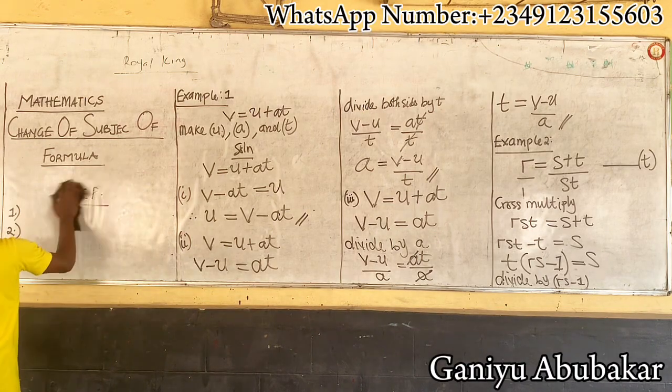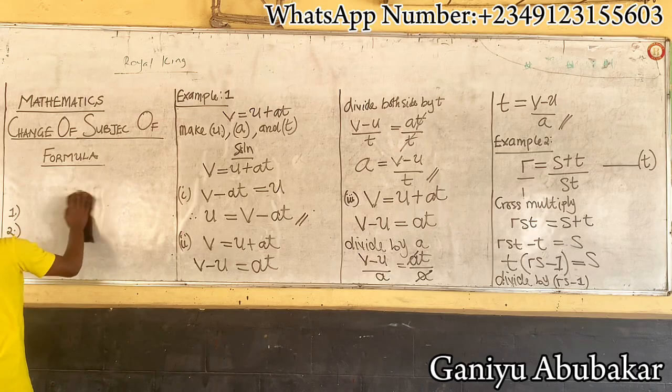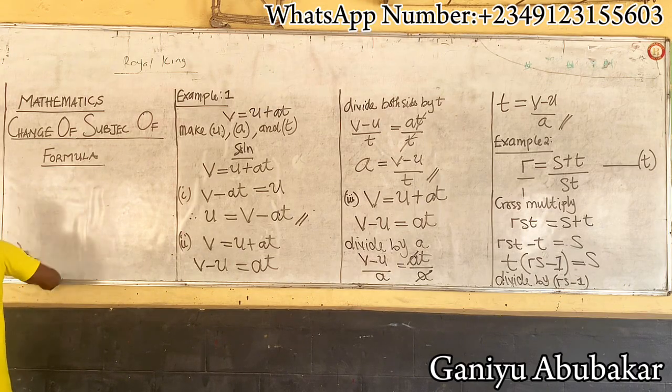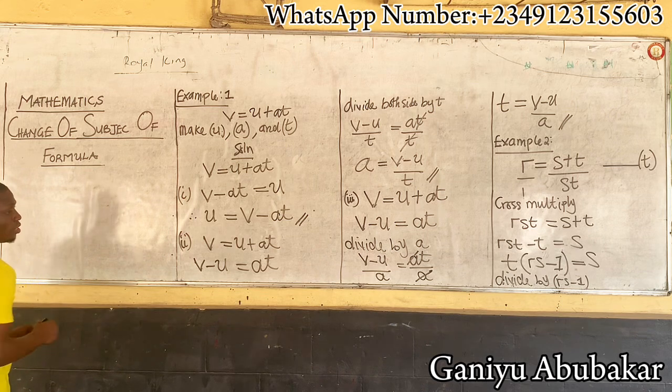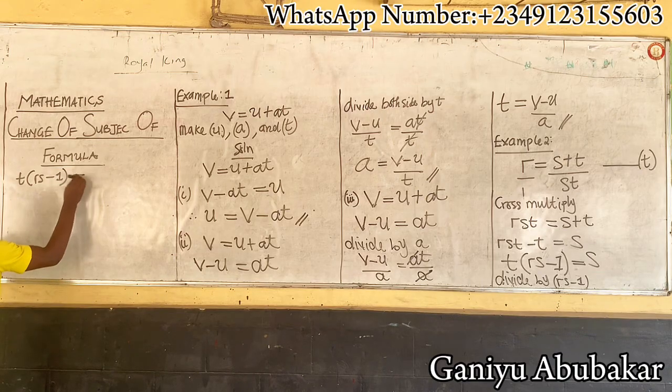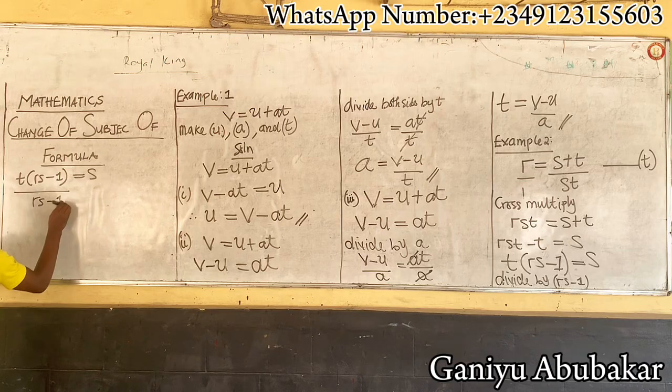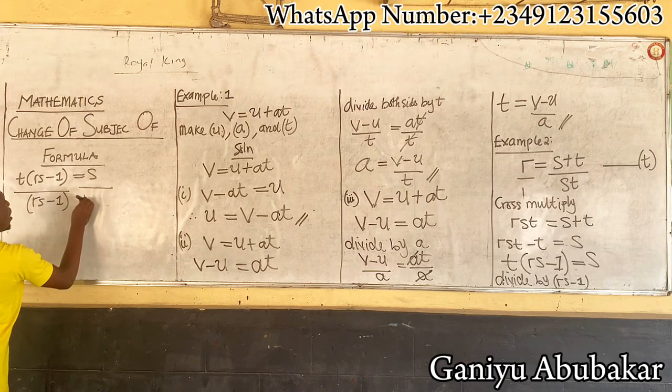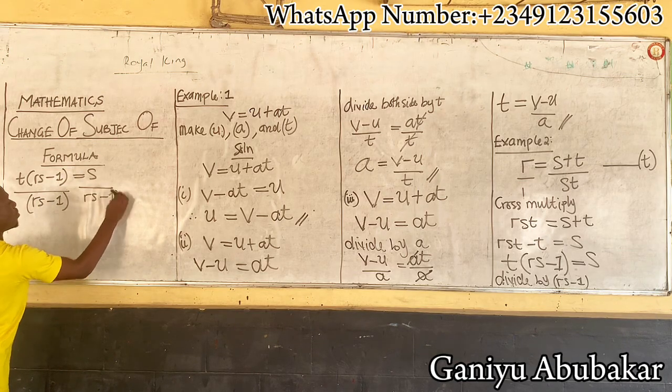If I'm to divide by x squared minus 1, what should I expect? So I have t into x squared minus 1 equal to x. So divide both sides by what? x squared minus 1, and next up x squared minus 1.